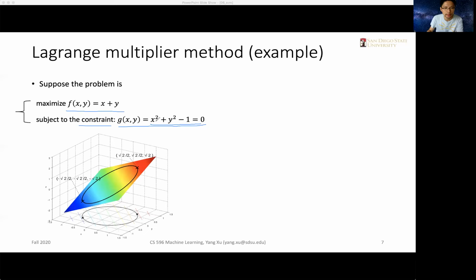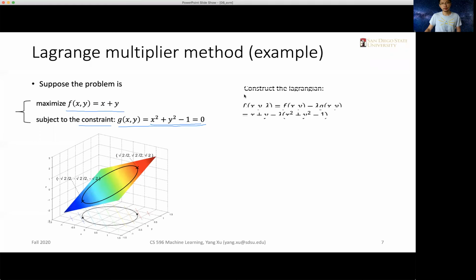Because x squared plus y squared equals 1 means that they are of the same distance towards the 0 point, right? So we basically want to try to find the maximum points on the plane, but with some constraints, so that we also need to find the points on the circle.